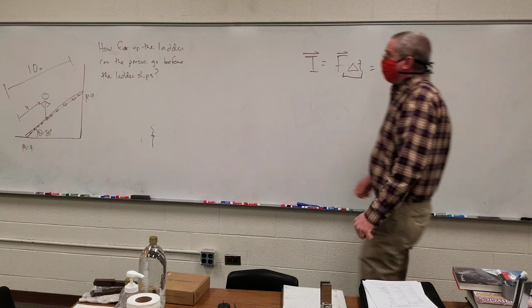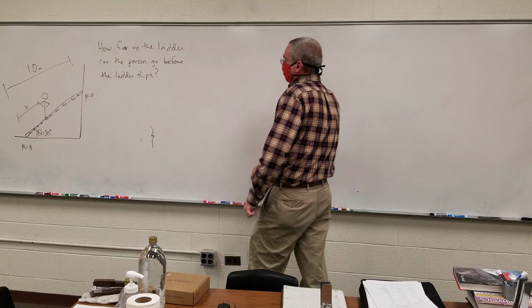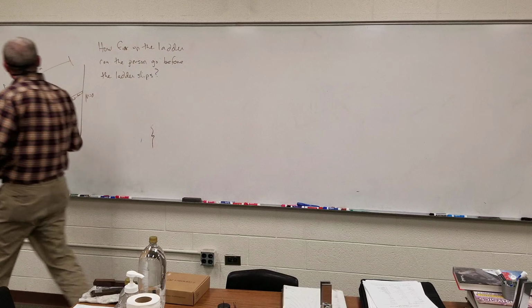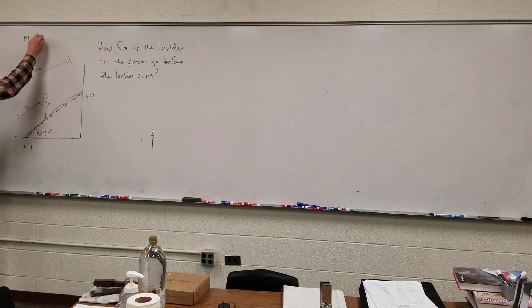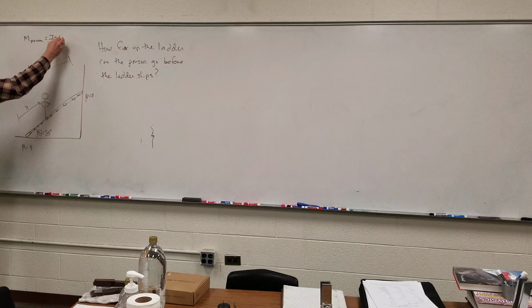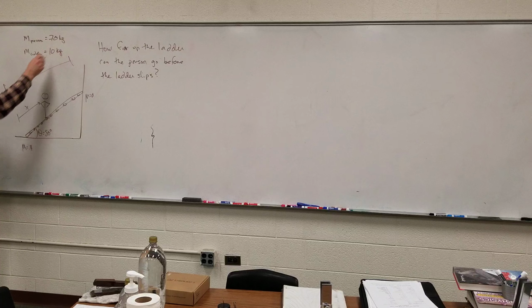All right, so let's take a look at the ladder problem. I need to give some information here. Mass of the person, we'll make 70 kilograms. Mass of the ladder, which is 10 meters long, is 10 kilograms.